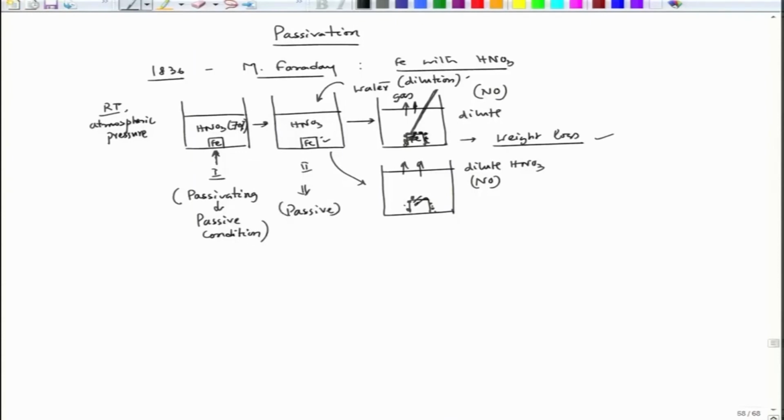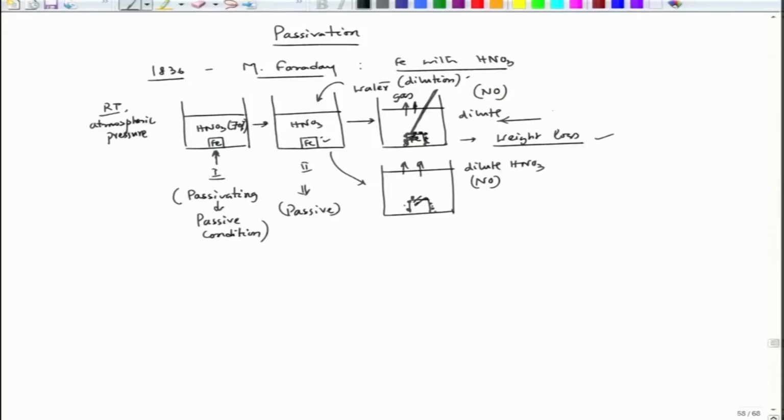But once you create a scratch, that scratch removes the surface layer, and that surface layer is what introduces passivity into that particular metal, and once it is exposed, the passivity is broken. So, this particular stage is broken passivity, and it goes from passive to active.